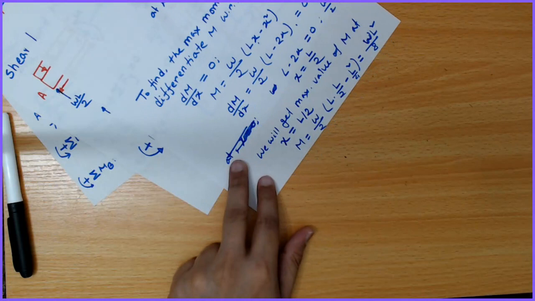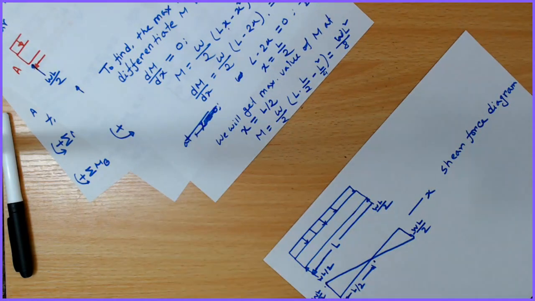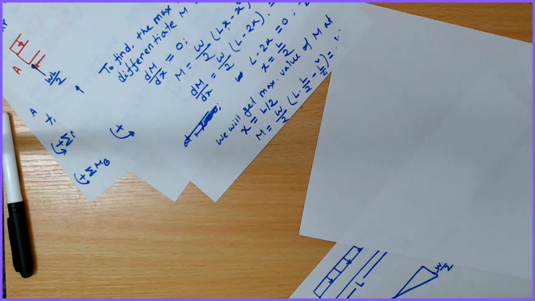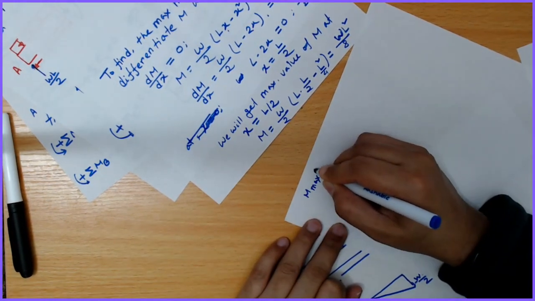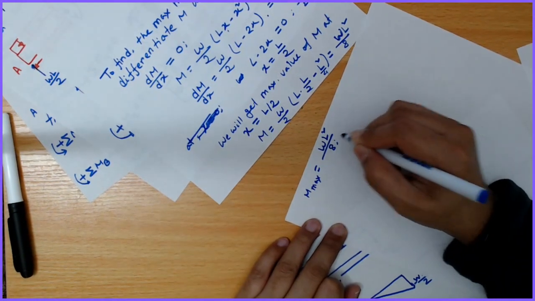So M maximum is equal to wL square by 8.